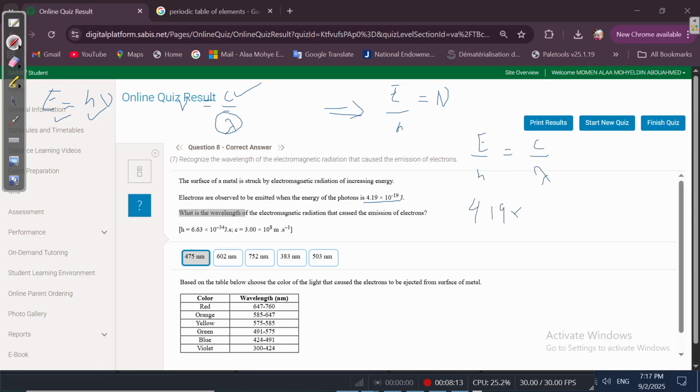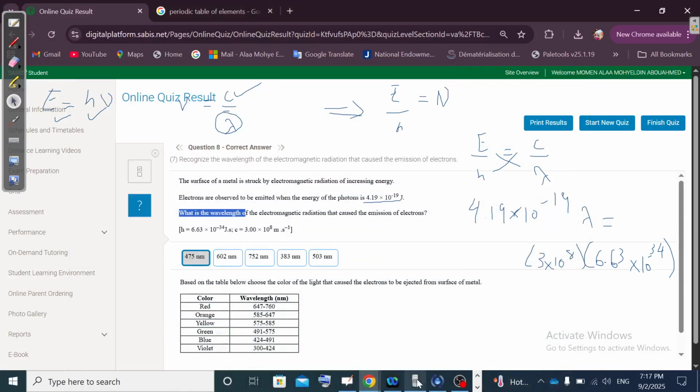4.19 times 10 to the minus 19 lambda equals 3 times 10 to the power of 8 times 6.63 times 10 to the minus 34. Let's see where this gets us.